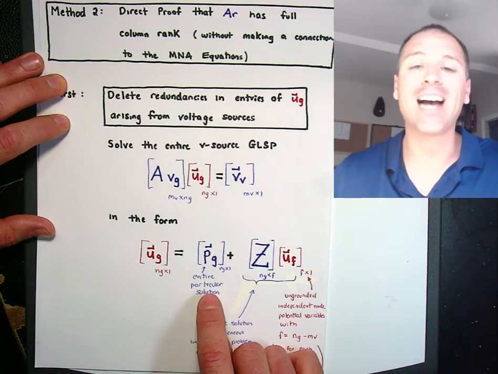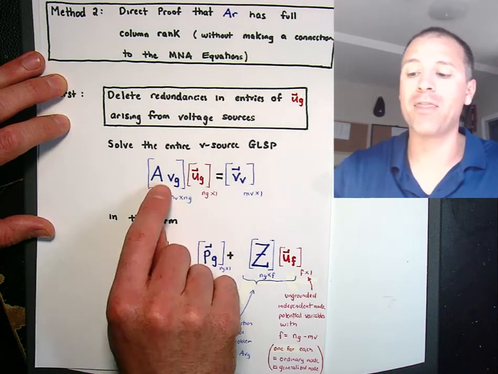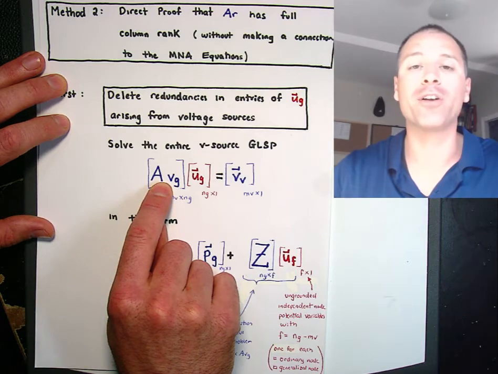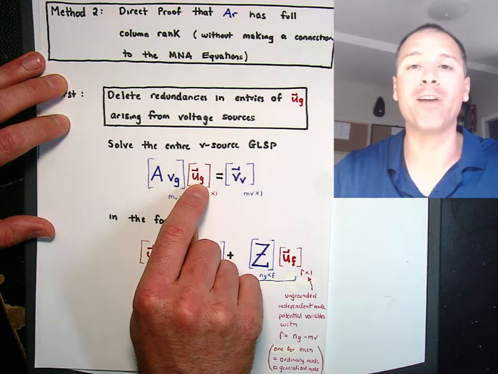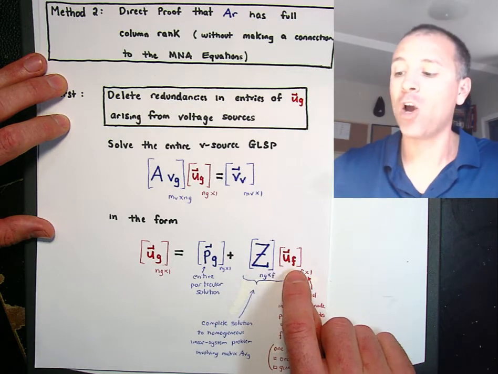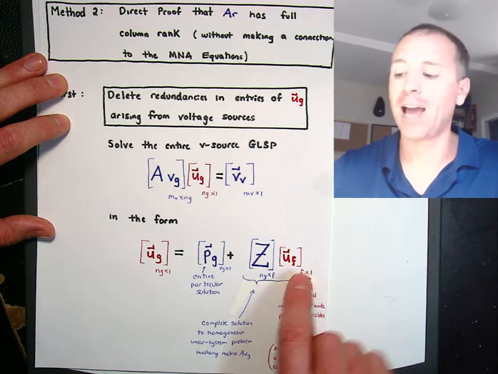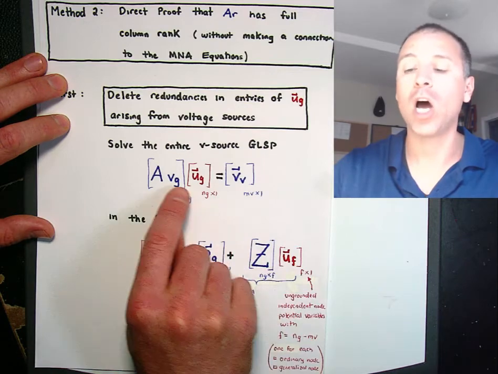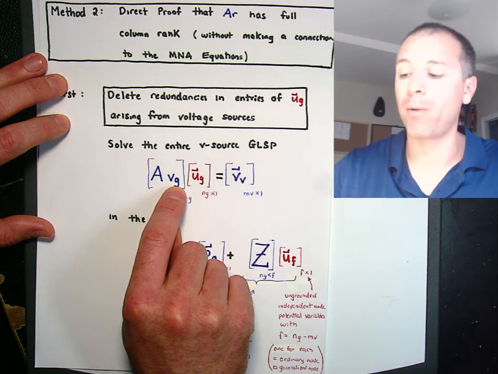We call that the entire particular solution because this matrix has reference to the ground node, so too does that vector. And then we add matrix Z multiplied by what I call U sub F, and those are the free variables under this linear systems problem.